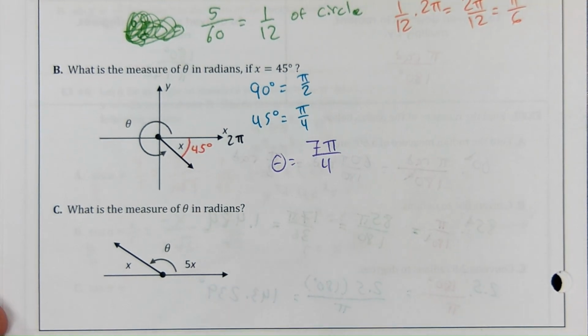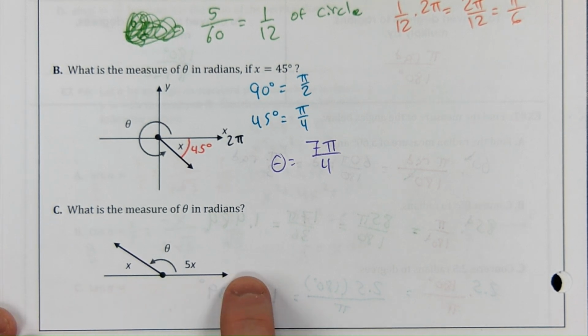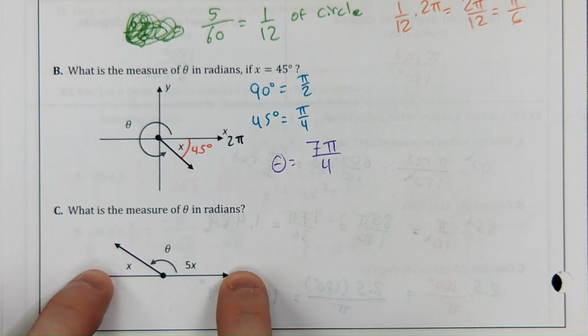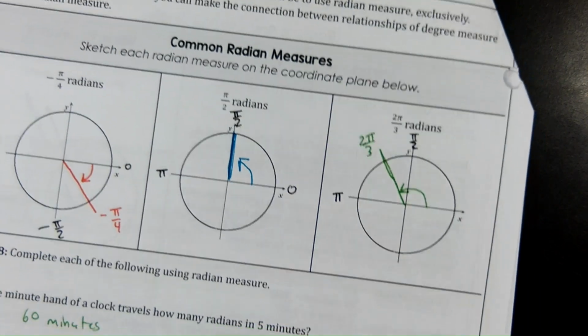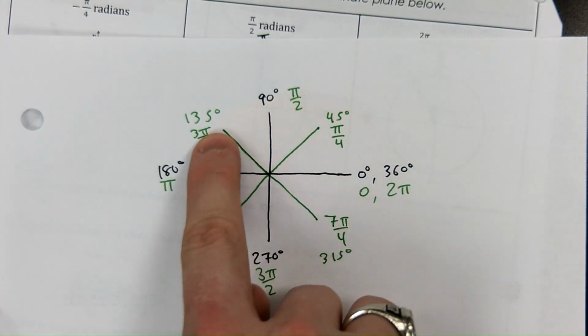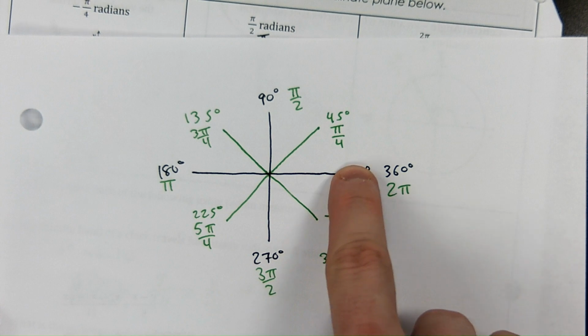Last question on this page. Think back to your geometry days. How many degrees are there in a straight line? 180 degrees. Oh, how many radians did we say is 180 degrees? 1 pi radians. Remember, 0, pi, 2 pi.